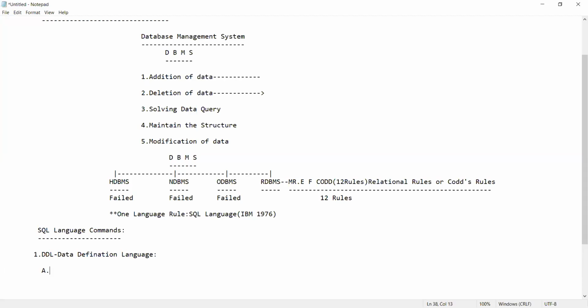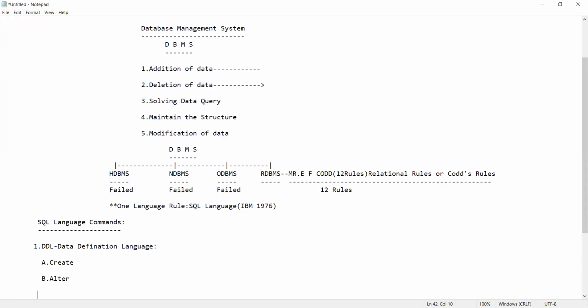The first one is Create, then Alter, and Drop.